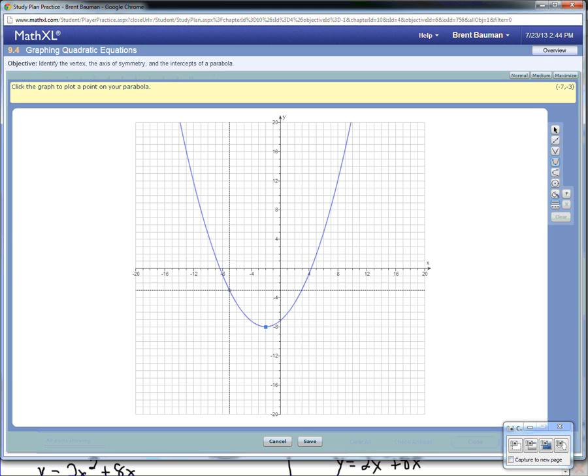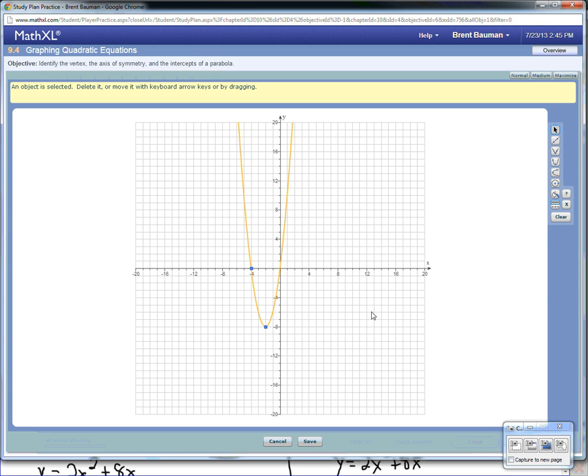And now it's wanting us to click the graph to plot a point on your parabola. So we can use the x-intercept, the y-intercept, any of those as long as we're using one of those values. So we go ahead and use one of the x-intercepts, which is at -4, 0. So I'm going to click there.